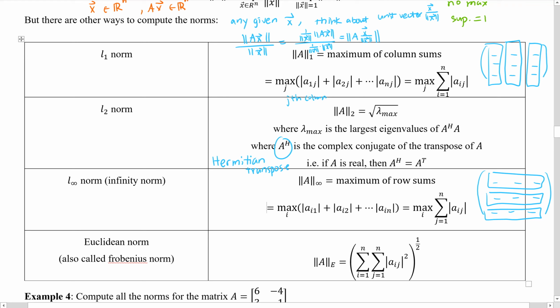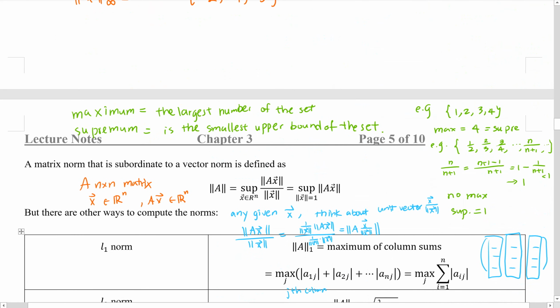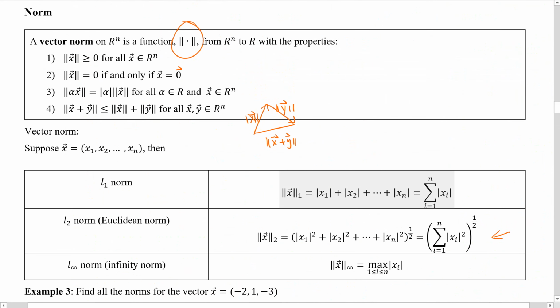Don't get confused. Next, we have the Euclidean norm. It's also called the Frobenius norm. How do we calculate it? This is very similar to the vector norm, the L2 norm for a vector. It is the square root of the sum of all the entries squared. For the vector norm, the L2 norm and the Euclidean norm are the same thing.